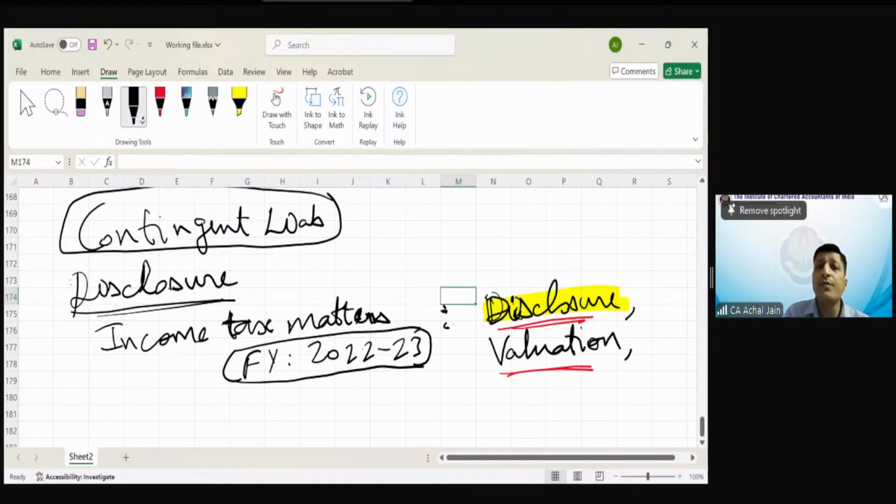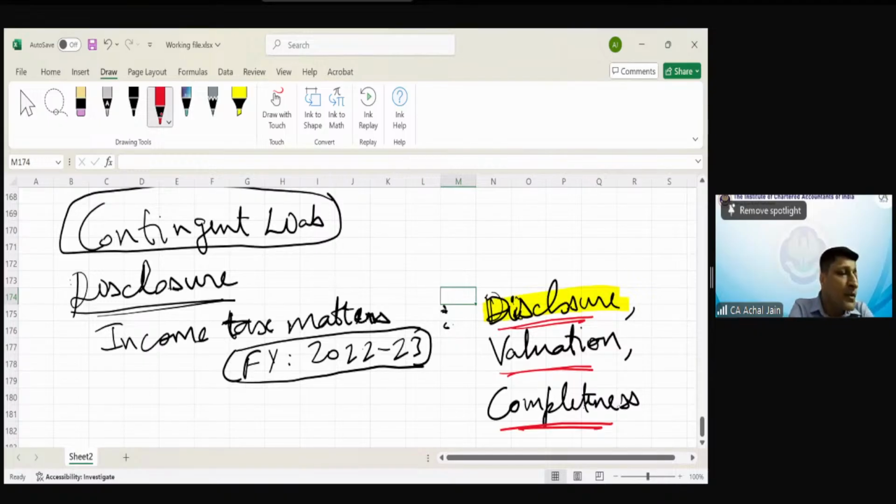Plus another assertion which may be impacted due to this could be the completeness. Completeness means whether all the contingent liabilities which are required to be captured have been captured or not. Okay, so that could also be one of the challenges involved here, which needs to be looked at by the auditor.